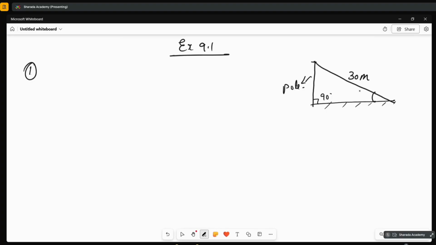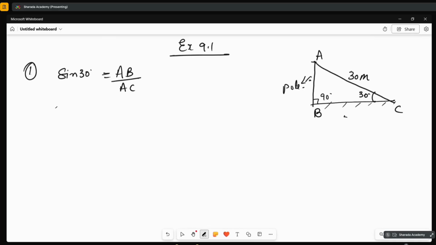This is 30 degrees. A, B, C. So for the pole, what will be the tan? If I take tan, this is unknown and this is also unknown, so we can't calculate. If I take sine, we can calculate. So sine 30 degrees is equal to opposite side by hypotenuse.